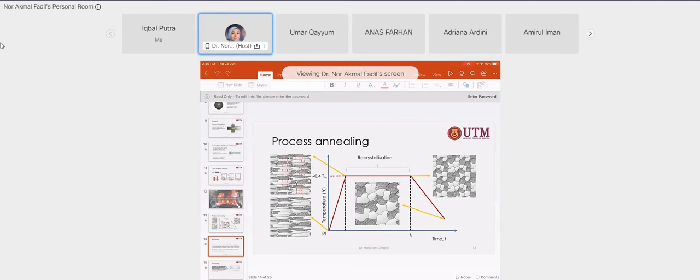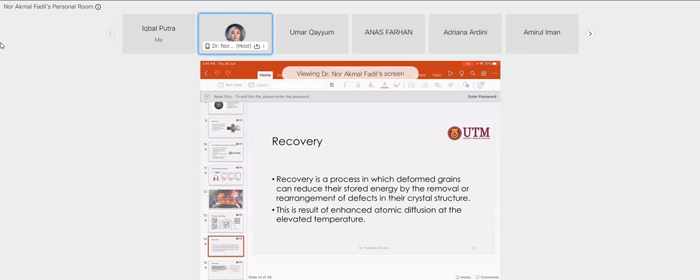Basically, we have a process in which deformed grains can reduce their stored energy and rearrange defects. What is the defect in this context? It is a dislocation. Rearranged dislocations can be edge dislocation or screw dislocation, or mixed between edge and screw dislocation.